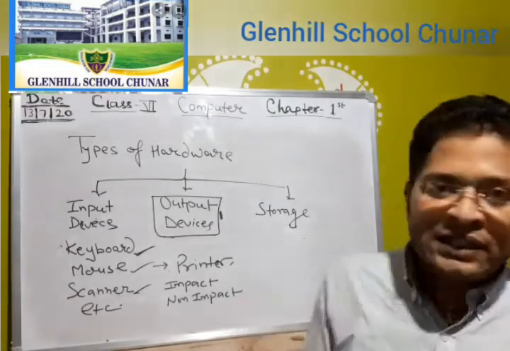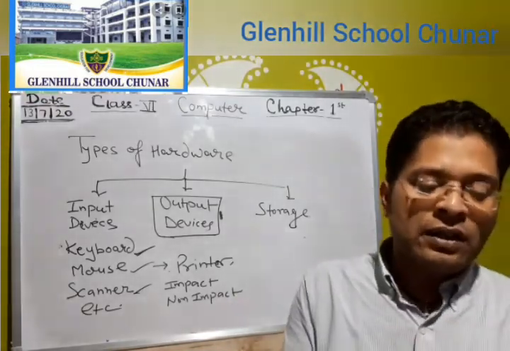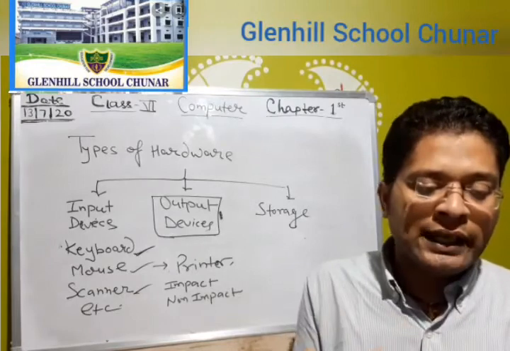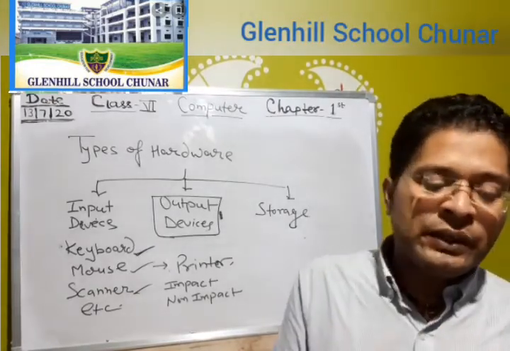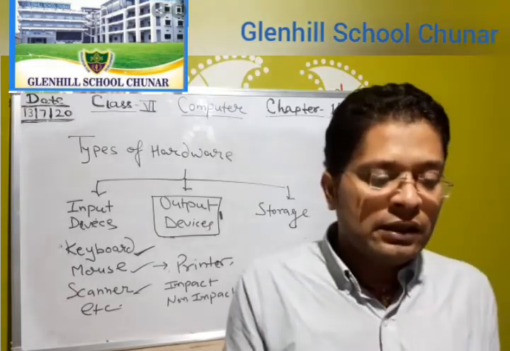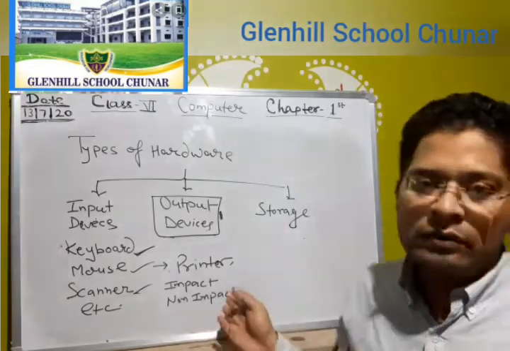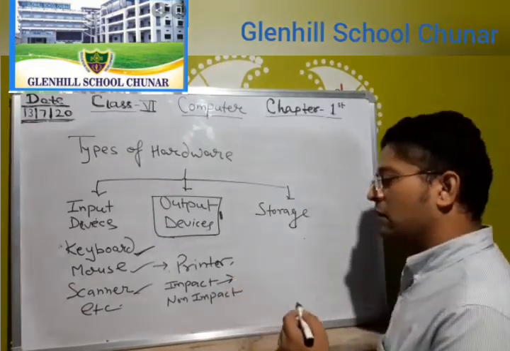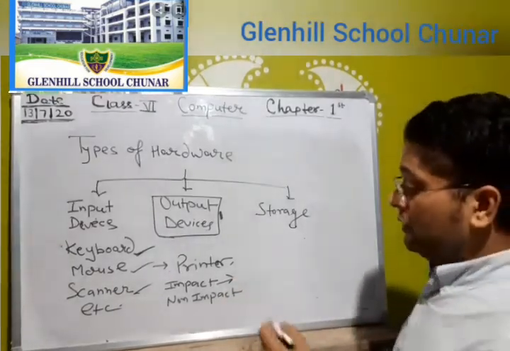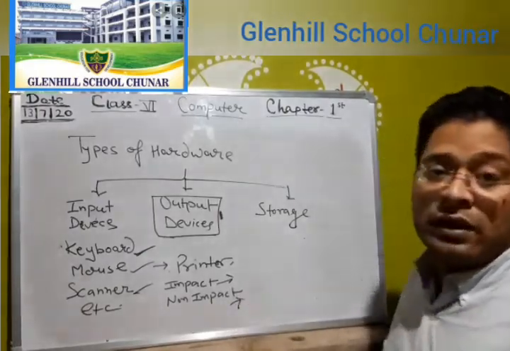In a non-impact printer, there is no physical contact of the head with the paper or ribbon. The laser printer and thermal printer are examples of non-impact. Impact uses a ribbon, non-impact is without ribbon.